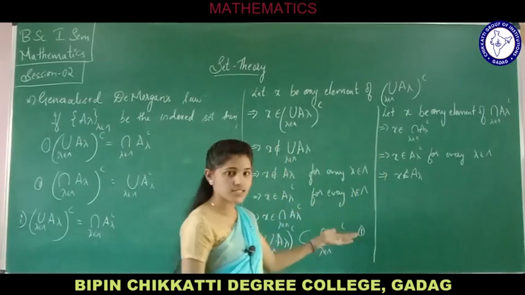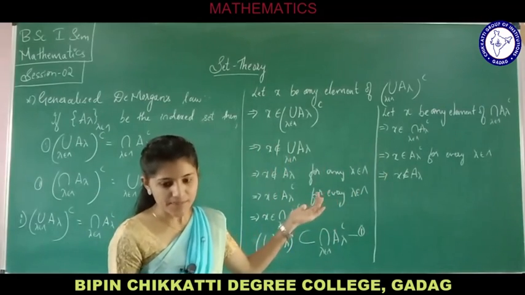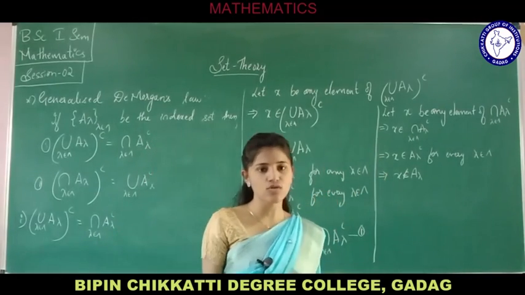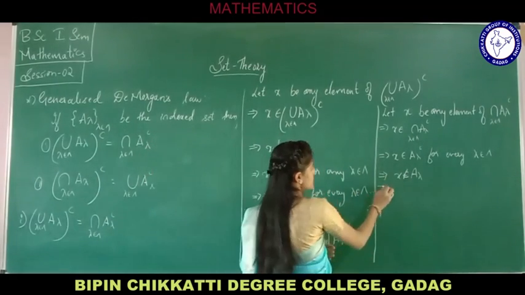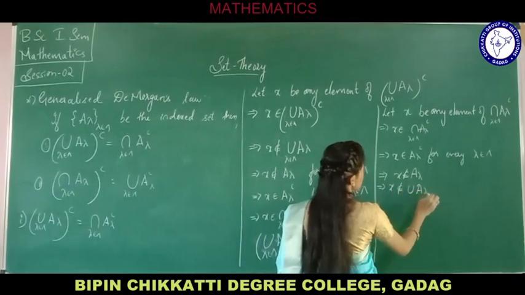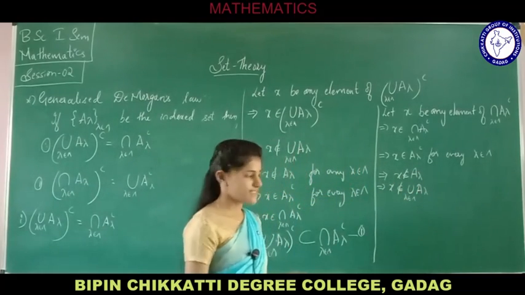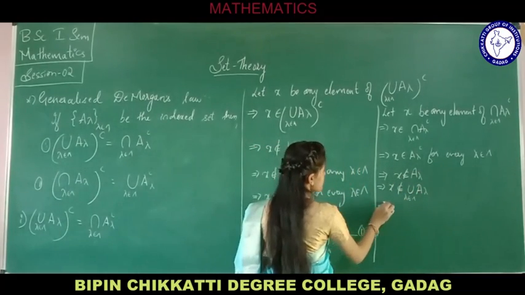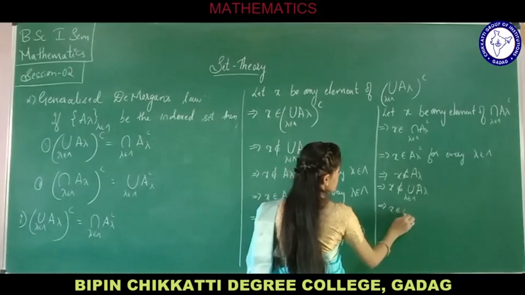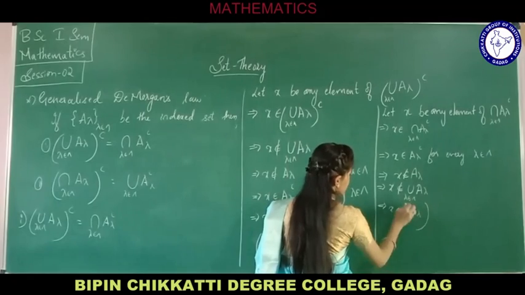If x does not belong to A lambda, it just means that x does not belong to the union of A lambda where lambda belongs to this indexed family. It just means that x belongs to the complement of the union of A lambda, lambda belongs to the indexed set.